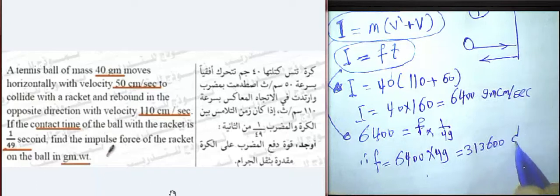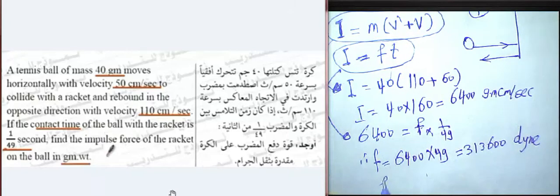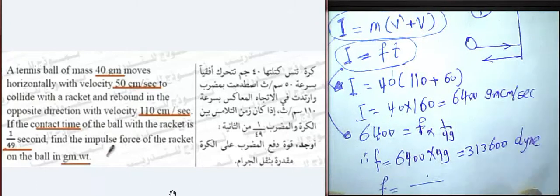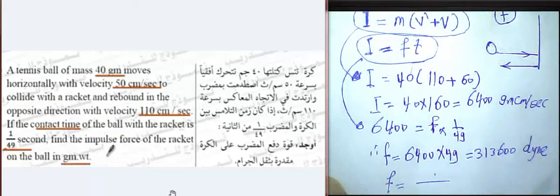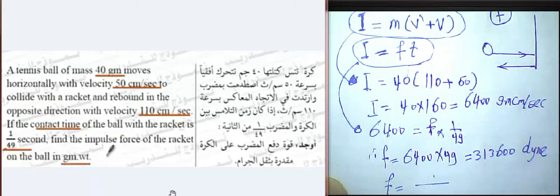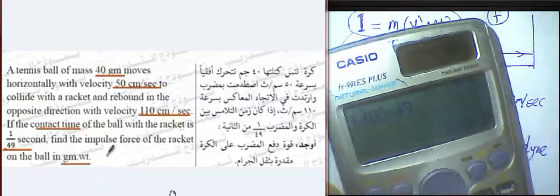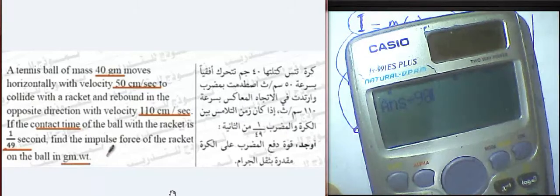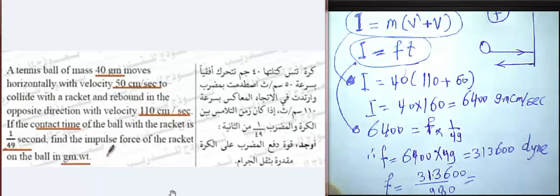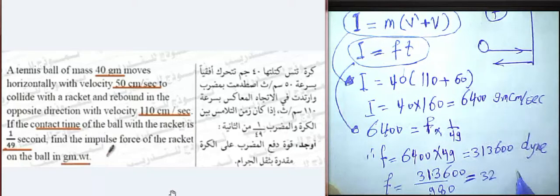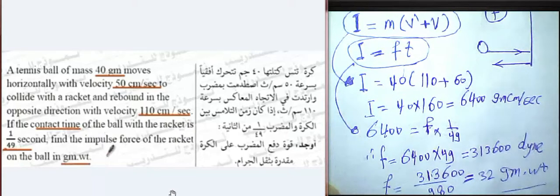313,600. You can complete by using a calculator, divided by 980, to convert from dyne to what? To gram weight. 313,600 divided by 980, the result will be 320 gram weight, okay.